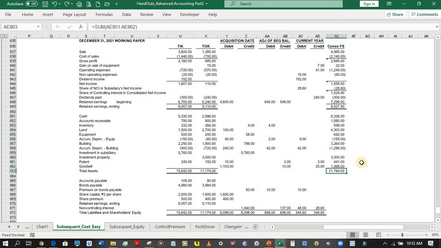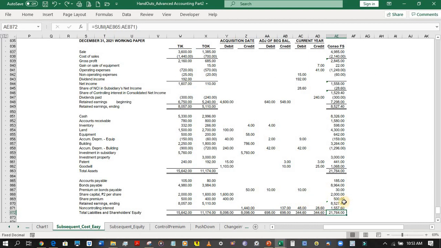Now let's proceed to the balance sheet, starting with assets. The assets have a total of 21,764. We have no investment in subsidiary, and the goodwill is reduced because of the impairment we recorded in 2 years. Then the liabilities and equity also have a total of 21,764.